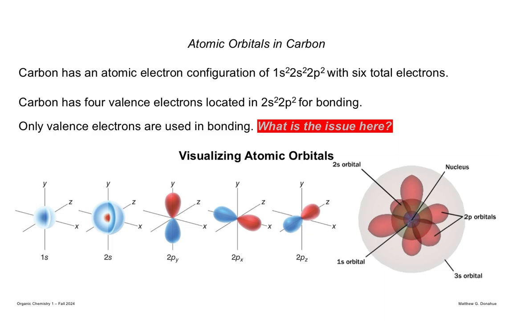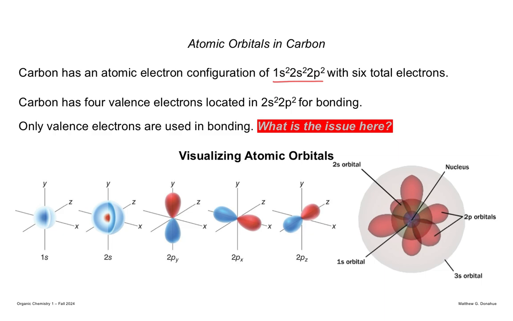So carbon is element atomic number 6 on the periodic table. It has 6 total electrons. We're not going to talk too much about filling atomic orbitals. You know, as you increase, you're adding 1 electron, then they start filling these orbitals.